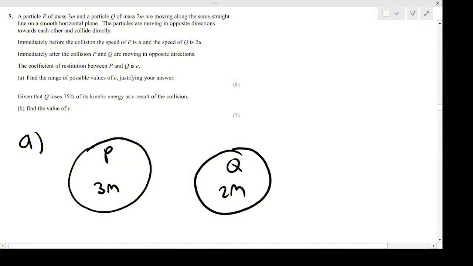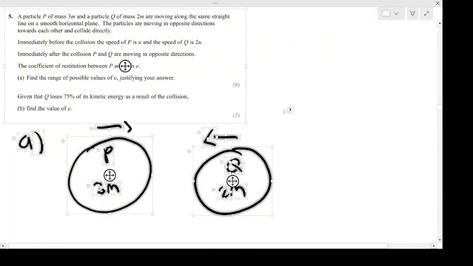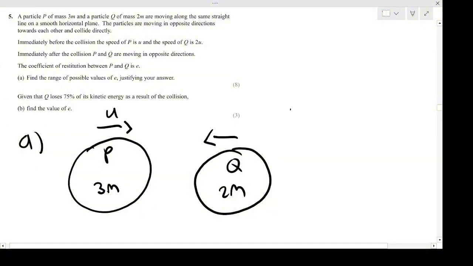So, there we are. Now, we're told they move in opposite directions towards each other. So that's going to look like P going to Q like this and Q going to P like that, okay? Now the speed of P before is u and Q is 2u, okay?